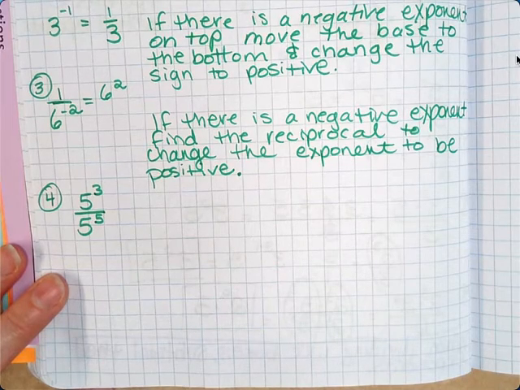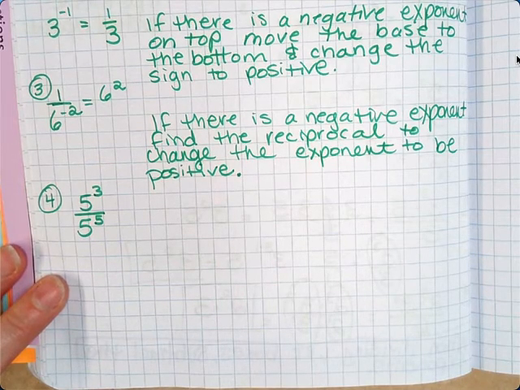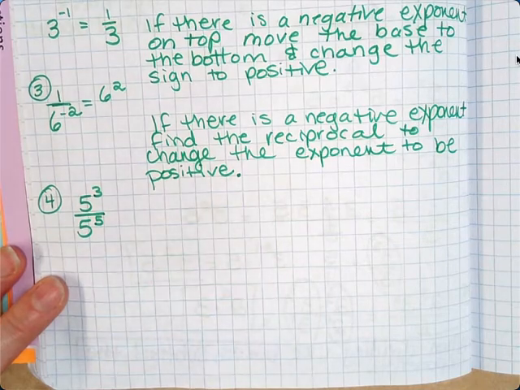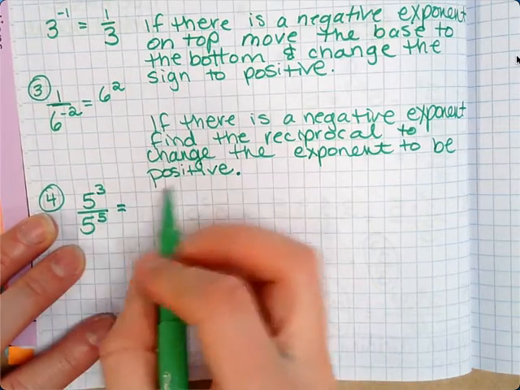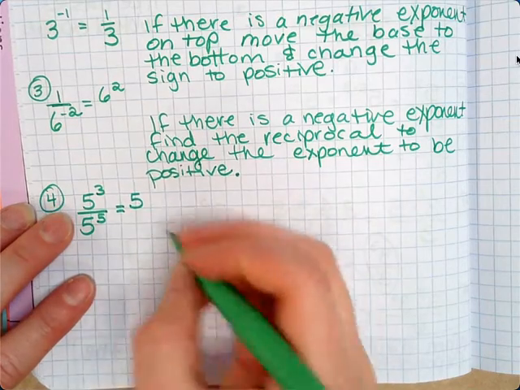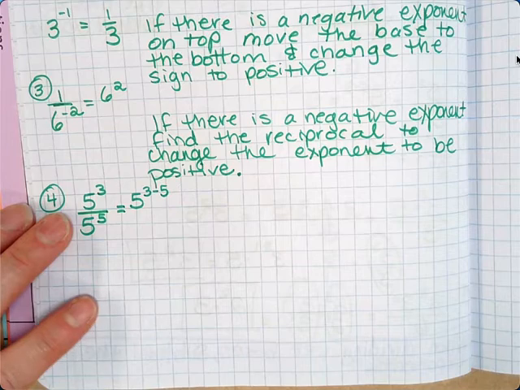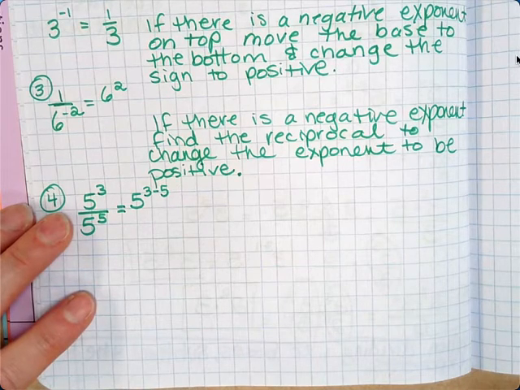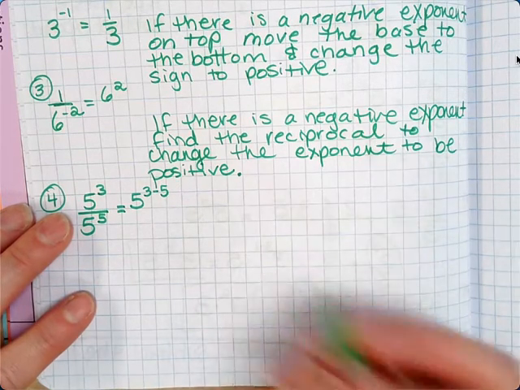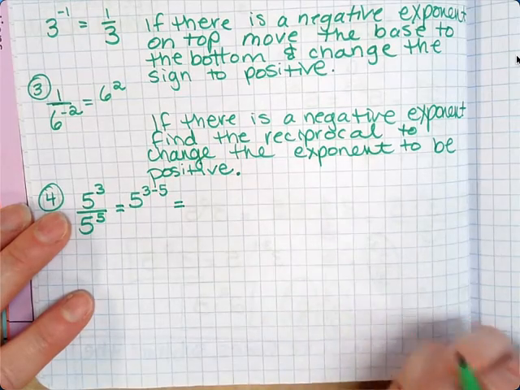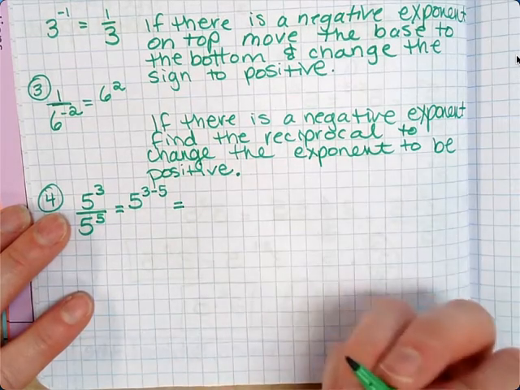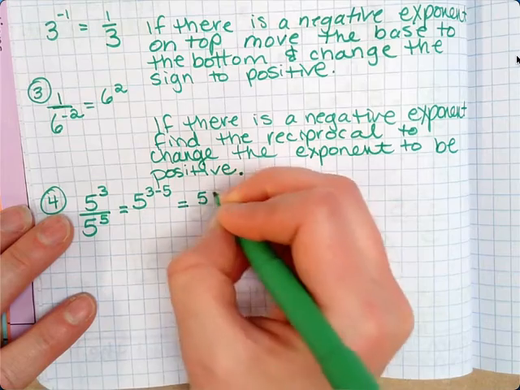We don't have to extend it out anymore. If you need to extend it, that's fine. I'm just going to use the rule. So this would be 5 to the 3 minus 5. Three minus 5 is negative 2. So it's 5 to the negative 2.